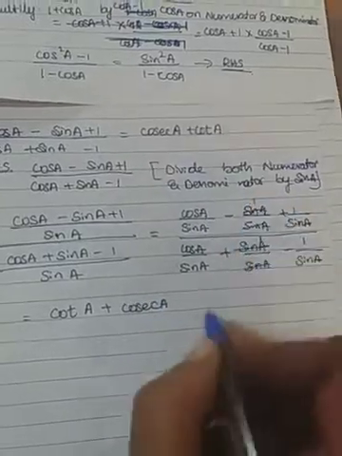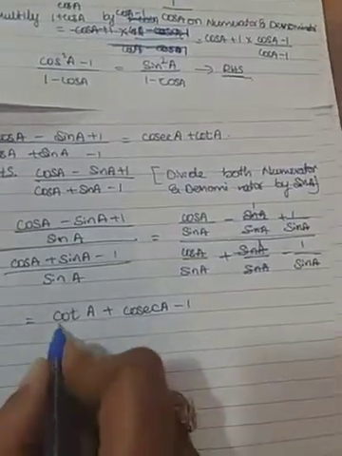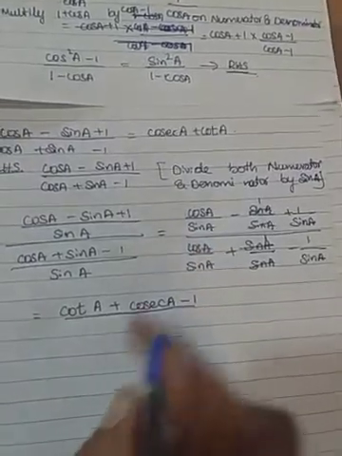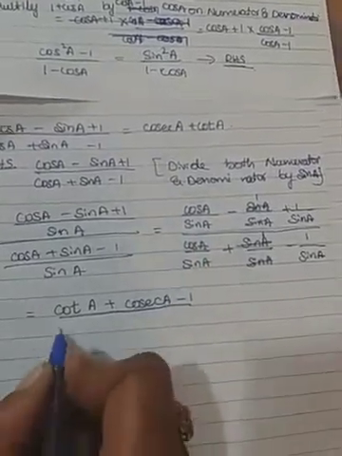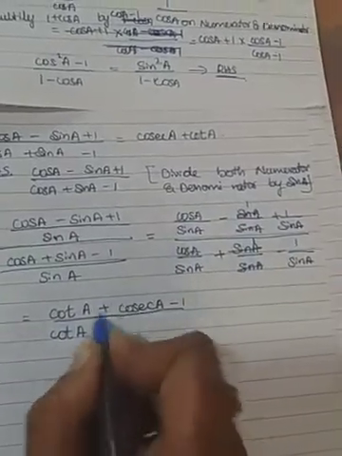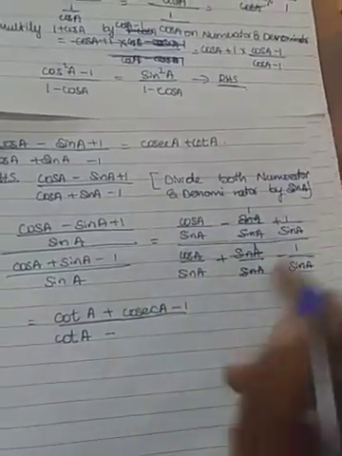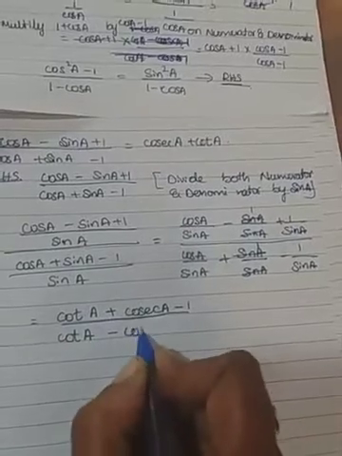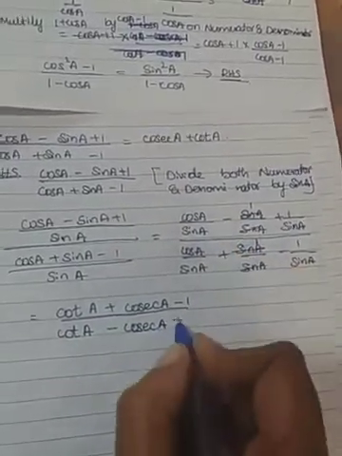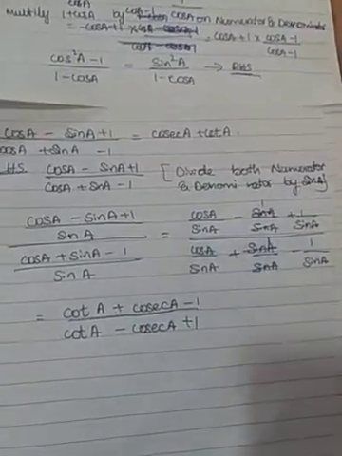And here minus 1 we got, so write as it is. In the denominator, cos a divided by sin a is again cot a, plus 1 by sin a as cosecant a, and here minus, and plus 1 will be there.